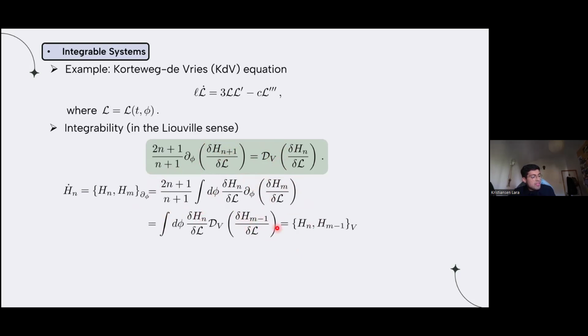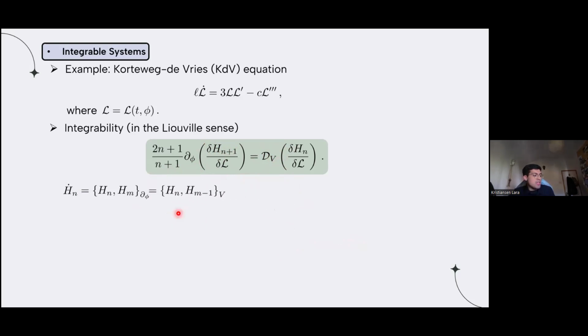And now this is basically the definition of the second Poisson structure V, the Virasoro one. But the Virasoro-Poisson bracket is well defined in the sense that it fulfills antisymmetry like this. And because it fulfills antisymmetry, one can rewrite the Poisson bracket like this. And then we apply the recursive relation for the KdV equation that you may read here.